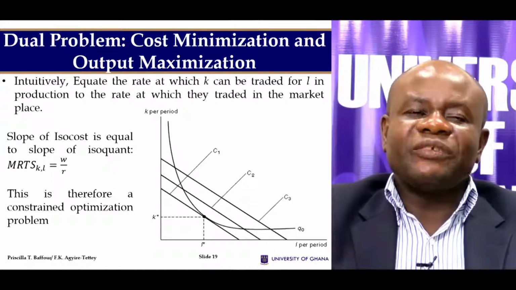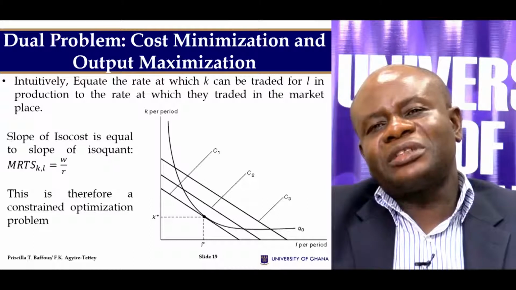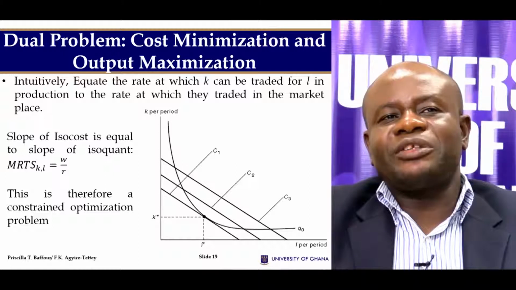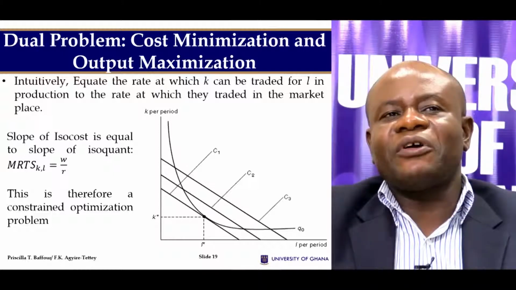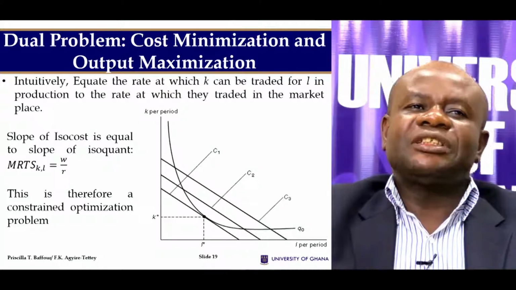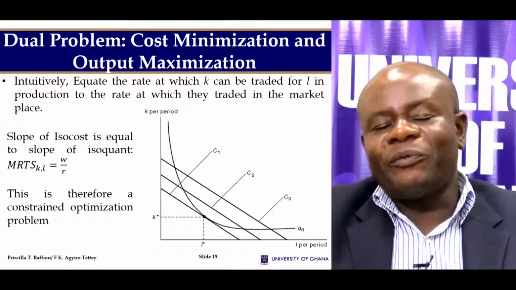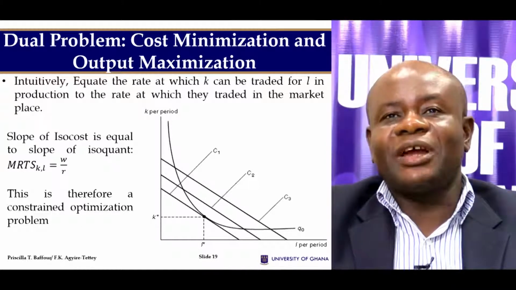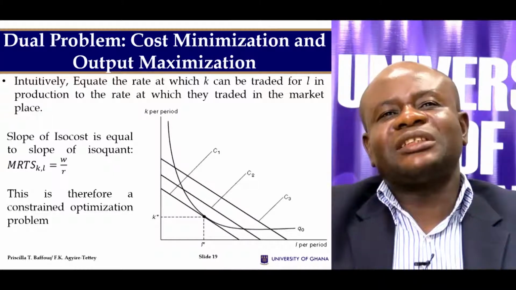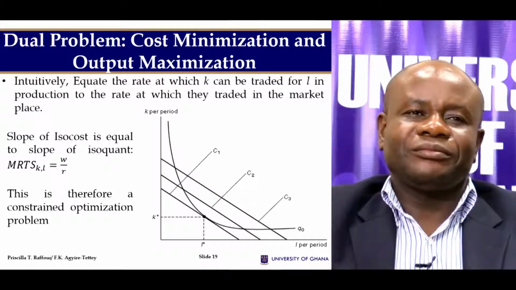And the further away it is from the origin, the higher the output. And we also remember that the slope of the isoquant is given by the marginal rate of technical substitution of capital for labor, which tells us the rate at which the firm wants to substitute capital for labor. Here, the slope of the isocost is telling us the rate at which the firm can do that substitution.